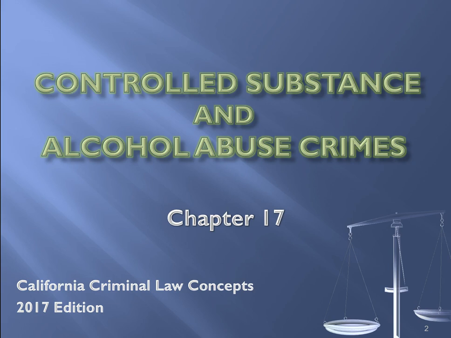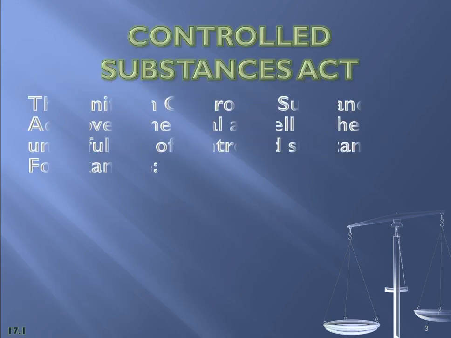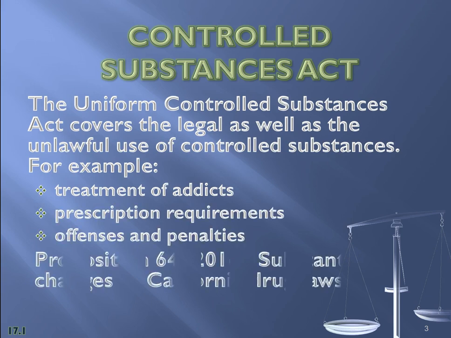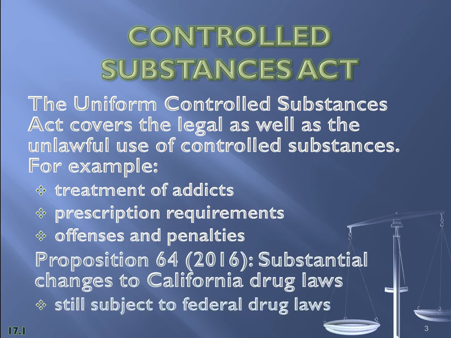So we're going to start off with talking a little bit about where you can find some of these different laws and what we call the Uniform Controlled Substances Act. Most drug crimes are found in Division 10 of the Health and Safety Code, beginning with section 11000, which is entitled the Uniform Controlled Substances Act.